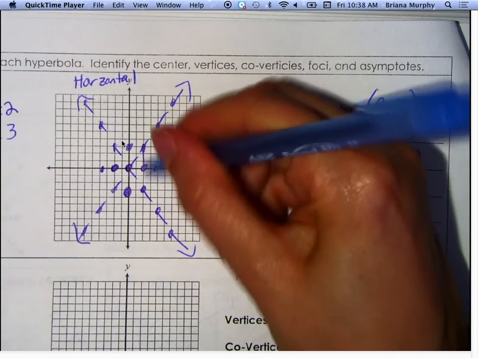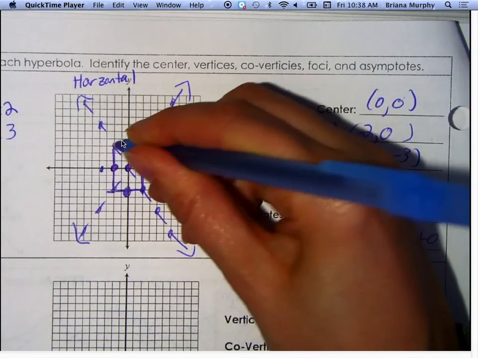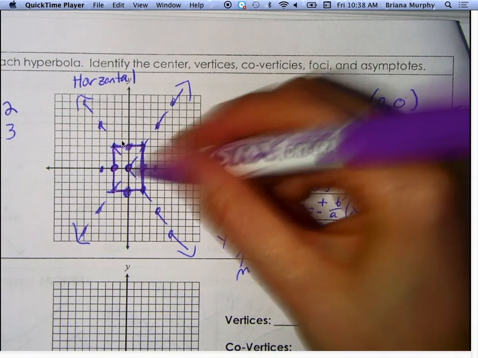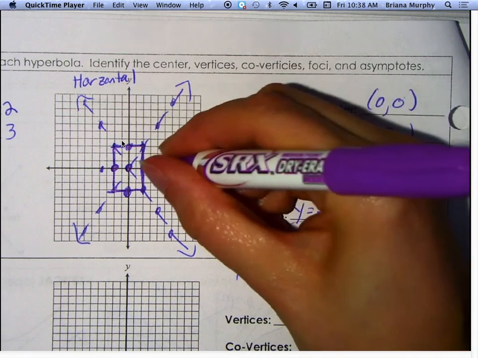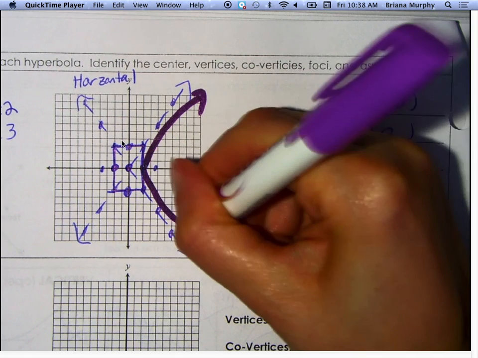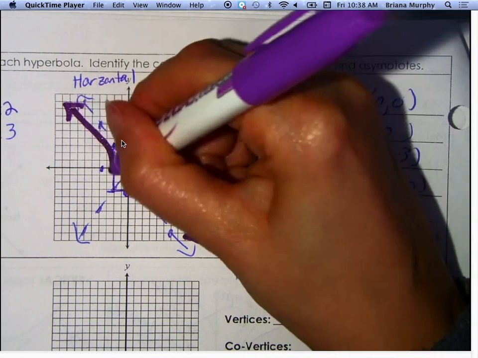So see how this is forming right here? That's my box. It's horizontal, and the focus points are on the horizontal, so I remember that. So I'm following from my vertex along my asymptotes.